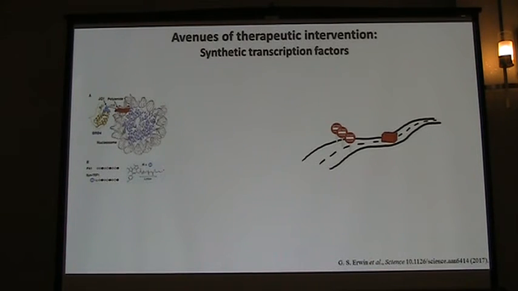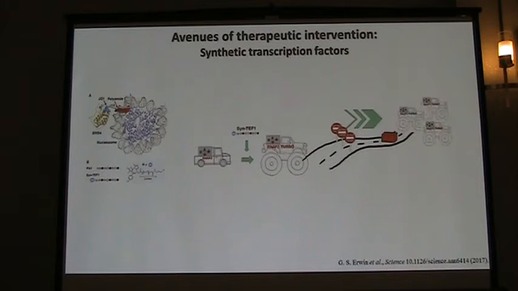So if we go back to our analogy, we have our road that is blocked by the roadblock and by the do not enter sign. We have our little truck that cannot travel through the road because of the roadblocks. And what these synthetic transcription factors do is they make the truck a supercharged truck. So now the truck can easily travel through the road, get to the end of the road, and deliver its cargo.